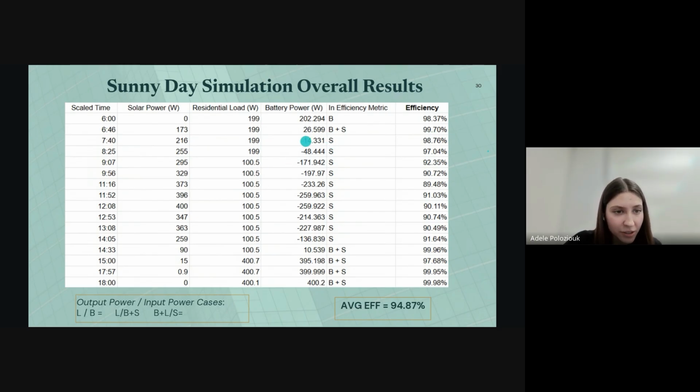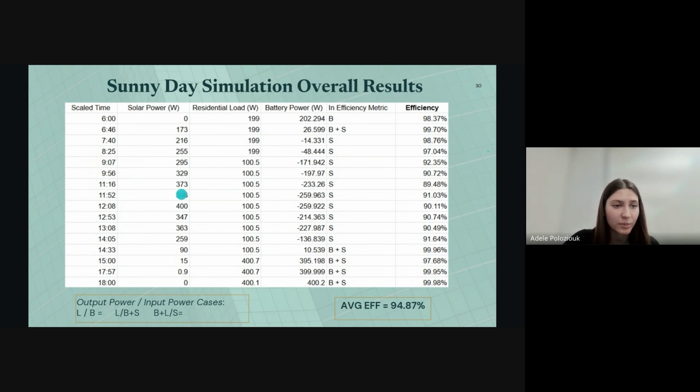Now over here, we can see that there's a bit of power provided by the solar. So now the input will be the battery plus the solar, for the output of the residential load. And this has about a 99% efficiency. We can also see that once the battery starts charging, the efficiency drops.